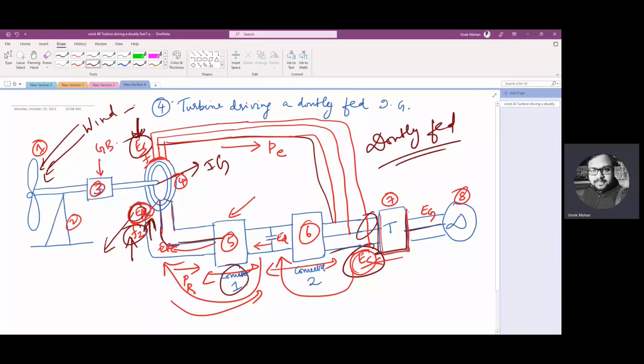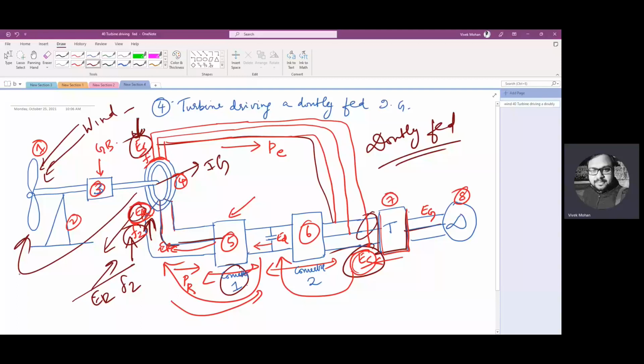So according to the wind speed, we can control F2 and ER, which go to the rotor and control the speed of the machine. That will control the speed of the blade and accordingly extract maximum power from the wind. So that's all.